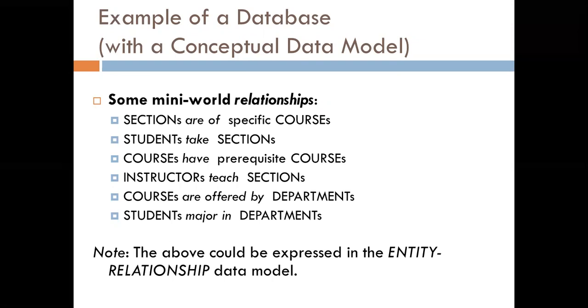They design the entire examples in such a way that all the terminologies belong to their own system. So we have words like majors, instructors, teachers. Here we call them faculty. In the US they call them instructors. So this is the example of entity relationship.